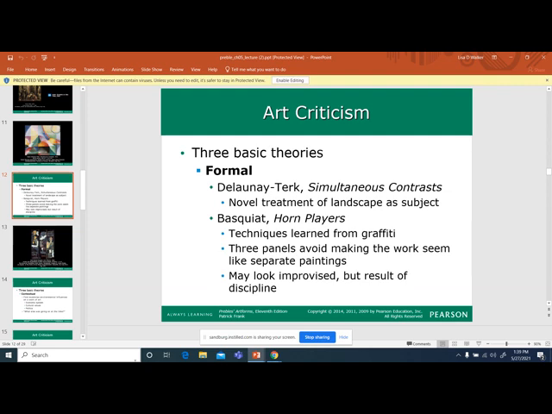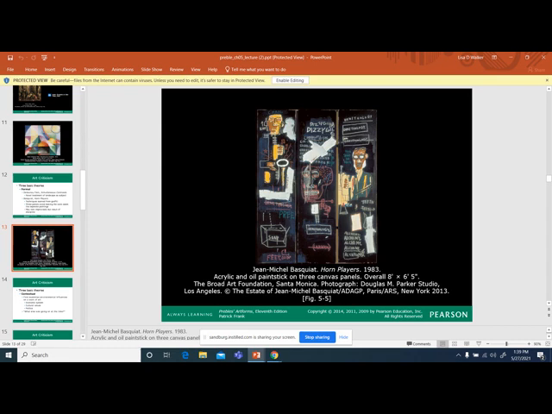Sometimes subjects are treated in different ways, or they're treated in ways in which there are multiple ways that you can look at it. This is Jean-Michel Basquiat, Horn Players, from 1983. And here we have a kind of an interesting treatment of the figures.